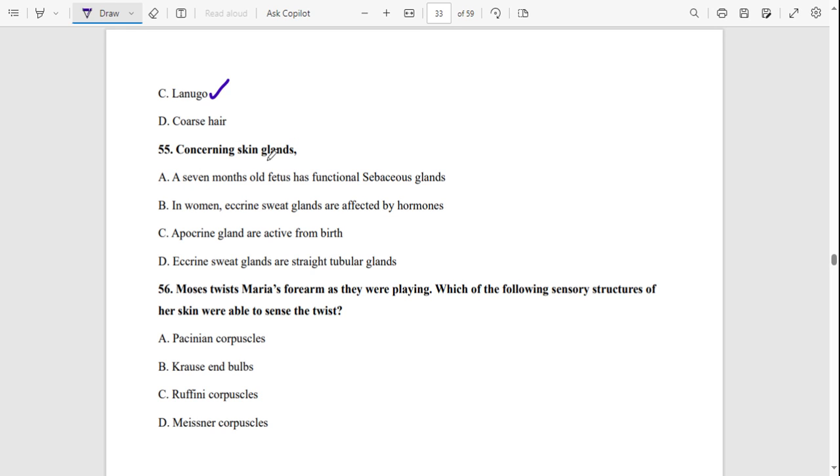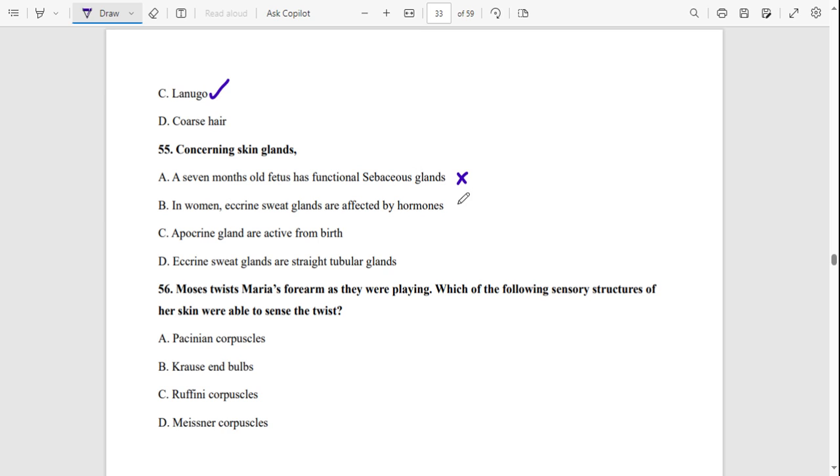Concerning skin glands, a 7-month-old fetus has functional sebaceous glands. Sebaceous glands only function at birth, not in a 7-month-old fetus. In women, eccrine sweat glands are affected by hormones. Remember, we said that these are going to be located in places like the axilla and also the external genitalia.